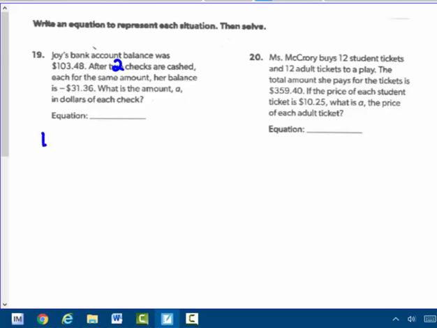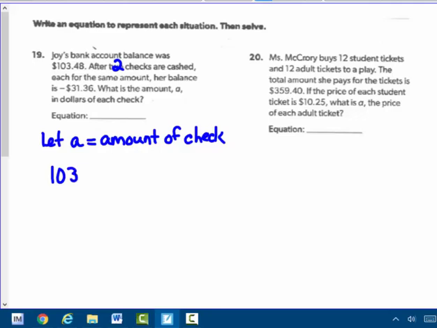So I'm going to say, they're telling me what to use. Let A equal the amount of the check, right? And I'm using the let statement. I'm not using the table or the diagram method or the bar. I could use bar modeling. So she starts with $103.48.